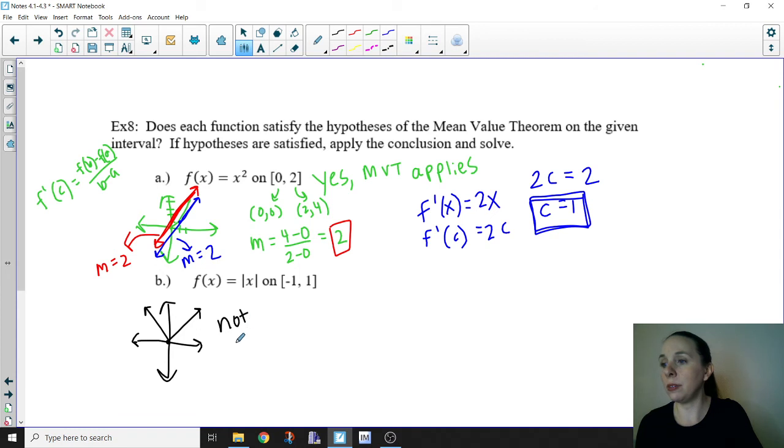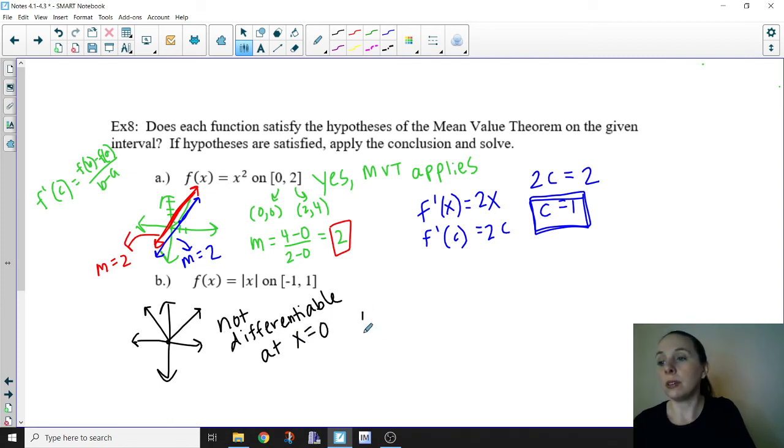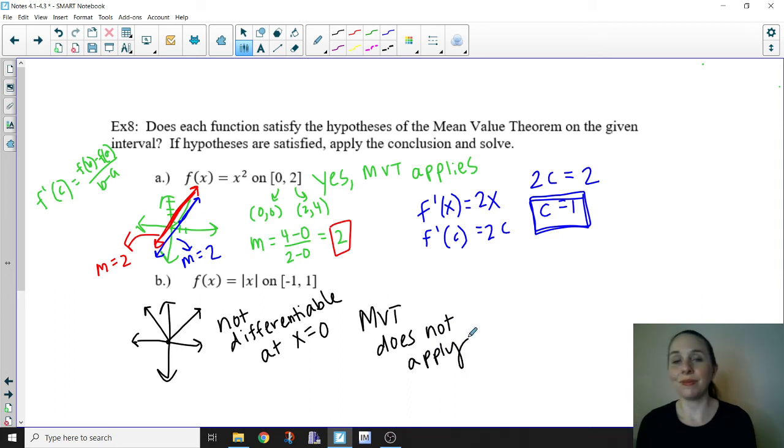Not differentiable at x equals 0. So MVT fails here, or we could say MVT does not apply. Probably like those ones because you don't have to go any further. That's it. That's the answer.